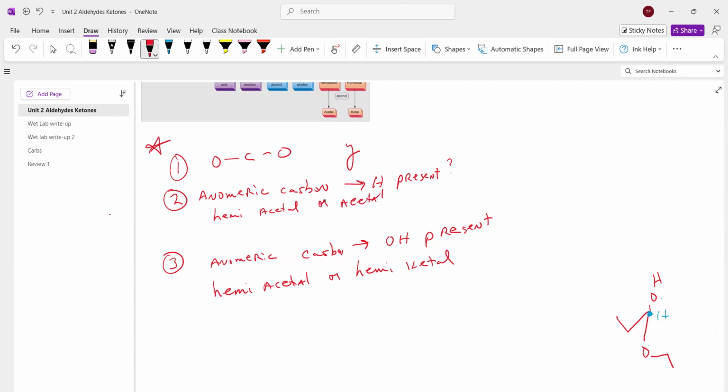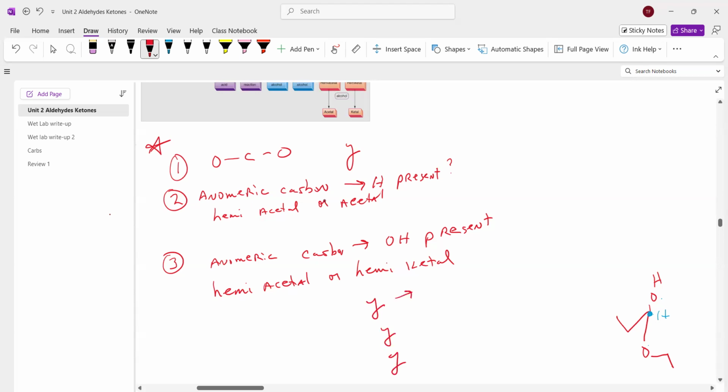So we know it's either a hemiacetal or an acetal. Okay, number three, is an OH present? Yes, so that means it's a hemiacetal. So here's the OH. So it's going to be yes, yes, yes.